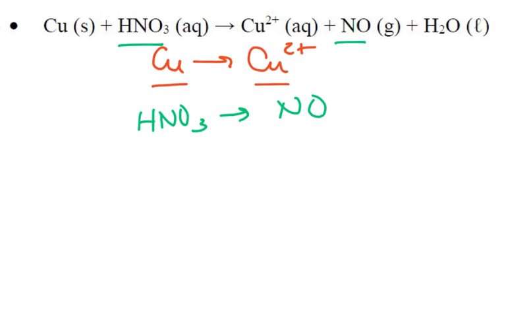So going back to the first half reaction, and each of these are called half reactions because only one element is changing, so we're getting an oxidation in one case and a reduction in another case. So here we have our coppers. What we want to do is to get everybody to balance who's not hydrogen and oxygen. Well, since it's only copper, then that's balanced already, 1 and 1.